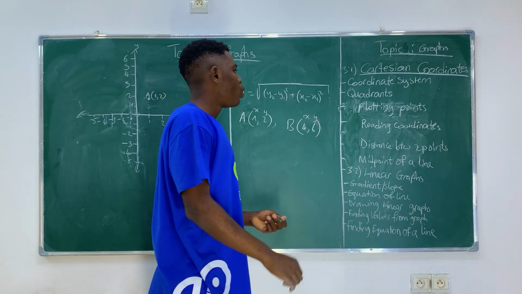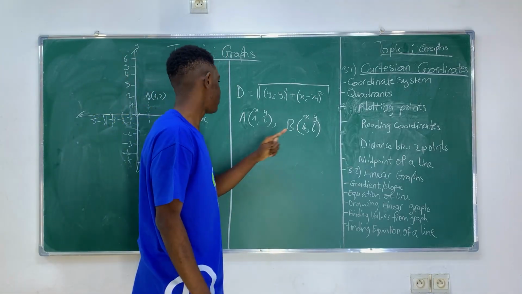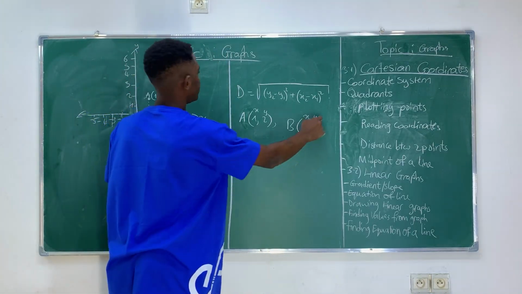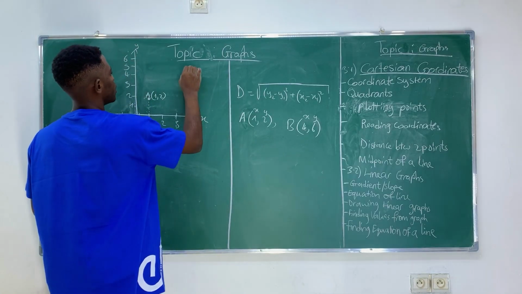Okay, so we plot x equal to 4, 4 here, and y equal to 6.